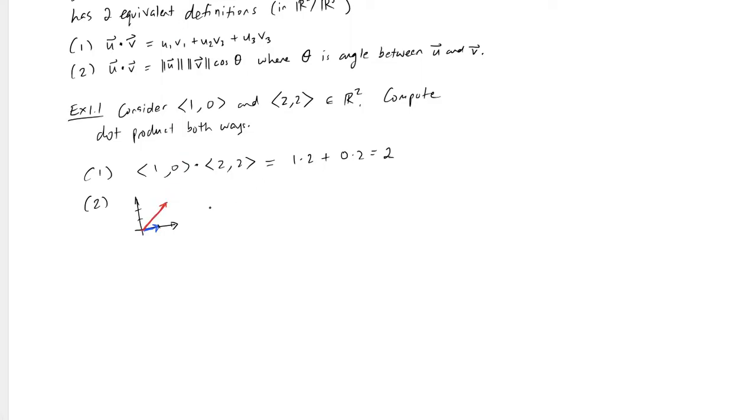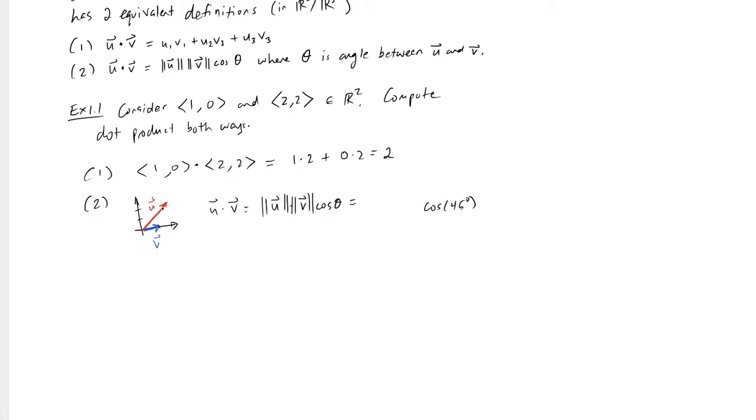So for the dot product of those two vectors, we'll call this one, for the sake of the argument, U, and this one V. The dot product is the length of U times the length of V times the cosine of the angle. And you can see this is a 45-degree angle. 2, 2, that's a 45-degree triangle. So we'll have the cosine of 45 over here.